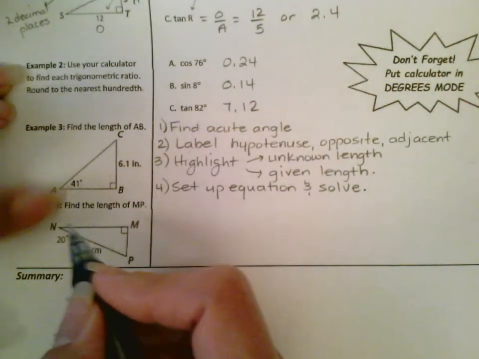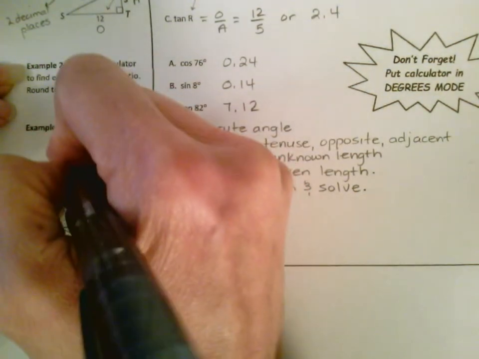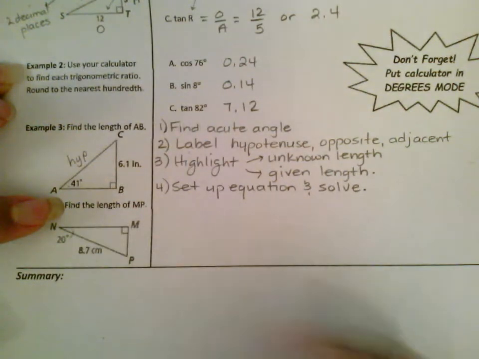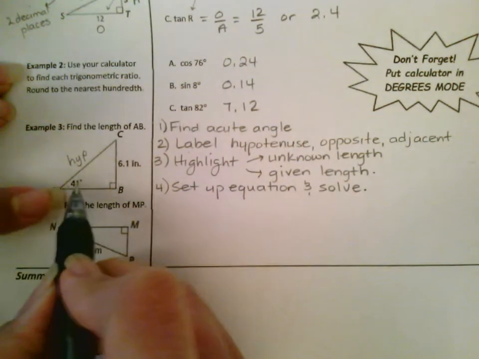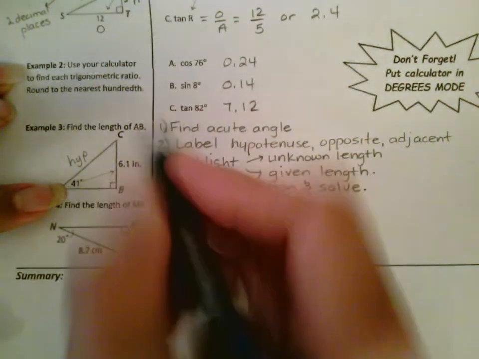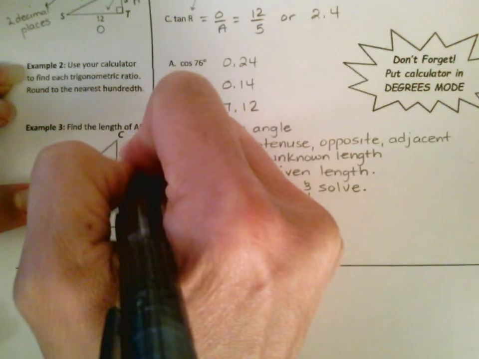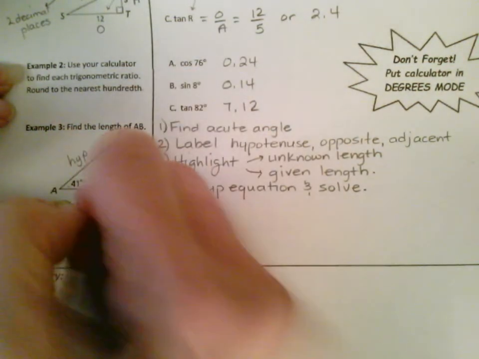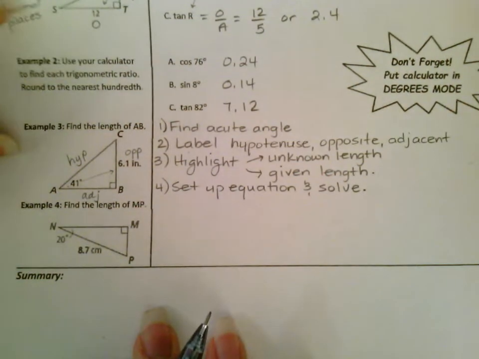Always label your hypotenuse first. So here is my hypotenuse. Again, I'm just writing out the letters, but HOA is sufficient. Standing from here, looking across will always give me my opposite. So this is my opposite side, and my adjacent side is always the leftover side, the leftover leg. So that's the second step.